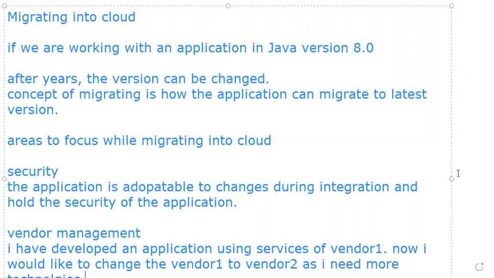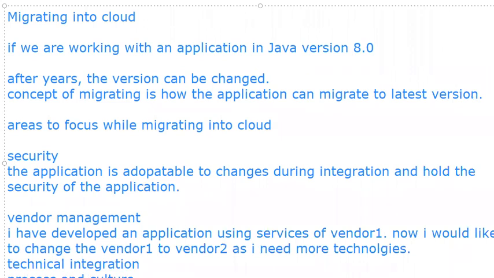So see here, for example, I am working with one vendor and the vendor is providing services to me. And now I would like to change to another vendor because more technologies are required. In this case, the question is, are you able to manage the vendors or not?